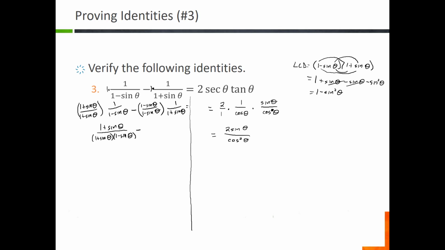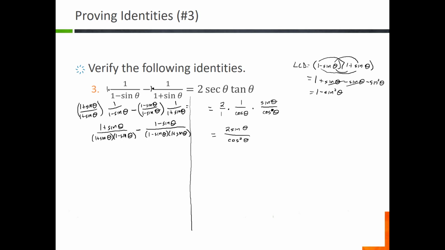Minus the second fraction, we have 1 minus sine theta in the top times a 1, so 1 minus sine theta. And again in the denominator, we have 1 minus sine theta times 1 plus sine theta.